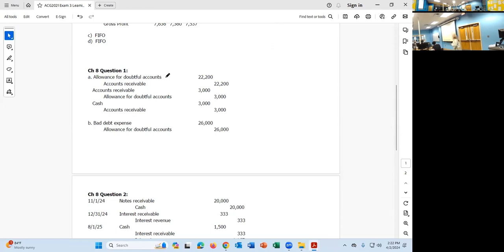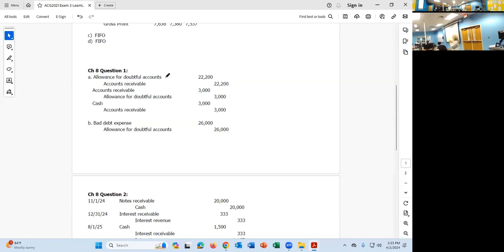Then remember that we collected $3,000 of those receivables that we had written off. So we wrote off one customer's account and then they paid us. Well, when a customer comes back and pays us after we've written off their account, it takes 2 journal entries to handle that collection. Because first we've got to reverse the write-off.